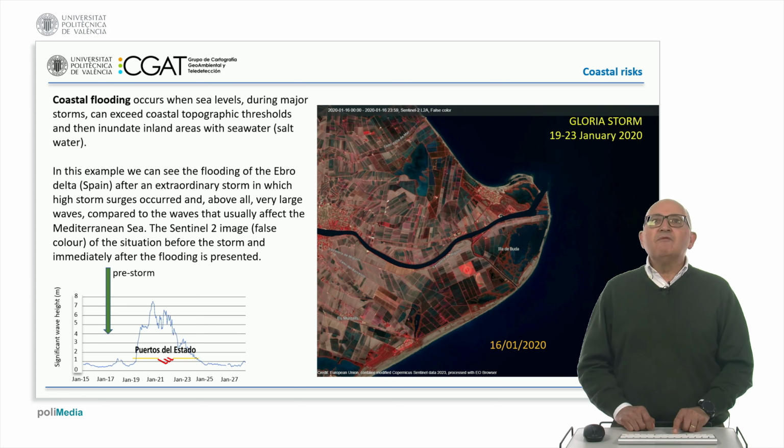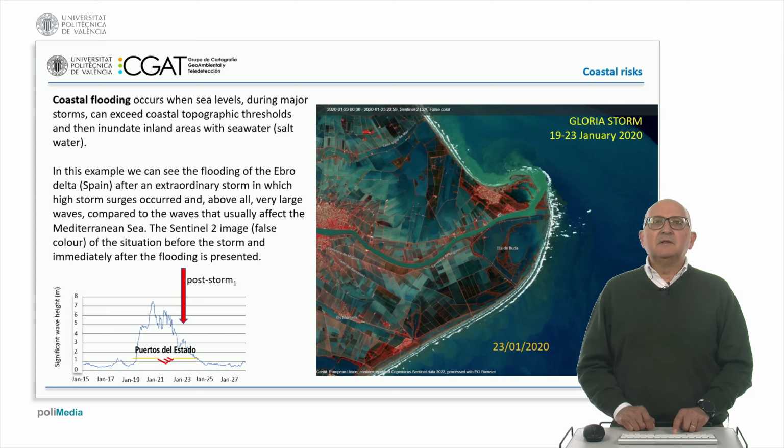We show here how after a strong coastal storm the marine waters entered the rice fields of the delta of the river Ebro. In this image we see the situation just before the storm. In this second image, recorded when the storm was ending, we can see the huge surface which was covered by the waters.